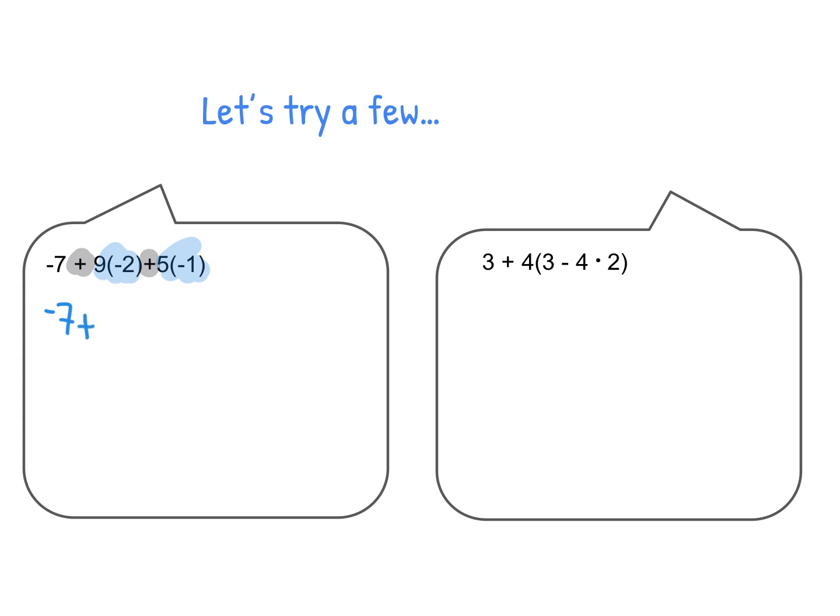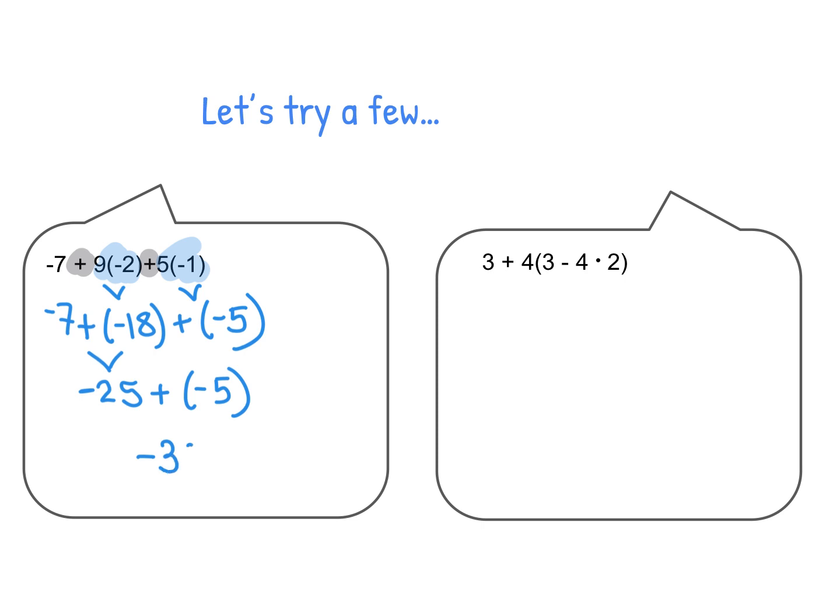We want to bring down the plus, and 9 times -2 is -18. I'm going to leave it in the parentheses as a placeholder. Plus 5 times -1 is -5. Looks like we're adding all negatives here. So I'm going to have 7 plus a negative 18. 7 and 8 is 15. Carry the 1, that is a negative 25. Plus a negative 5. So my answer here is going to be negative 30.